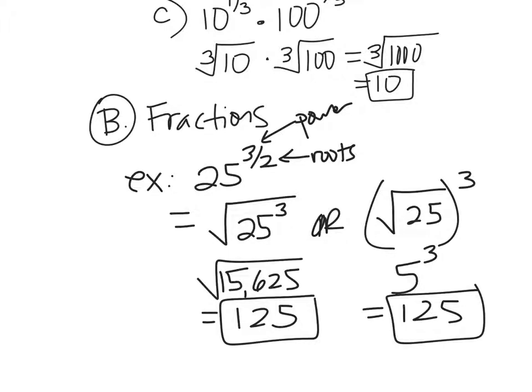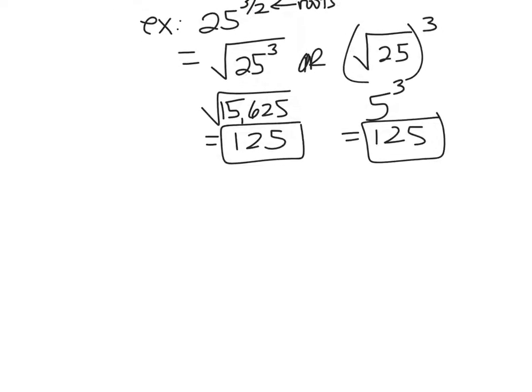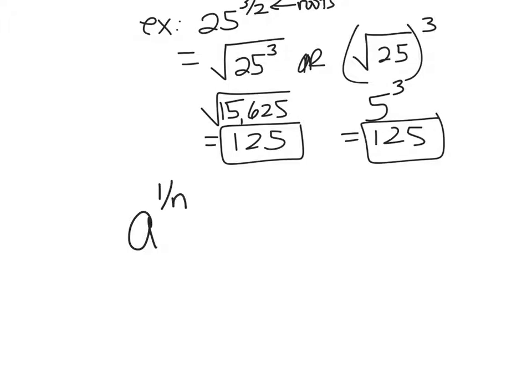All right, so what they're saying here is there's this property, I guess they call it. If you have any number a to the 1 over n, you can rewrite this as the nth root of a. So that's what we did up top.